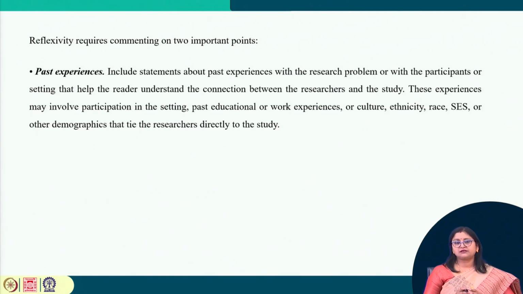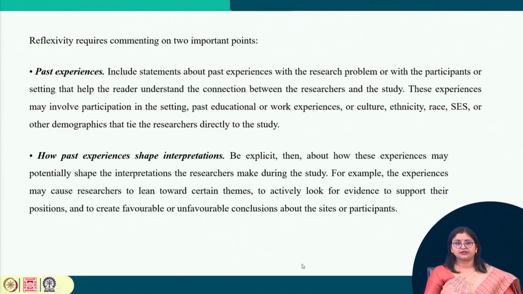This includes statements about past experiences with the research problem or with the participants or setting that help the reader understand the connection between the researcher and the study. These experiences may involve participation in the setting, past educational or work experiences, or culture, ethnicity, race, caste, creed, religion, socioeconomic background or other demographics that tie the researchers directly to the study.